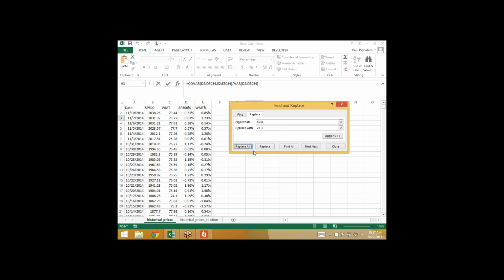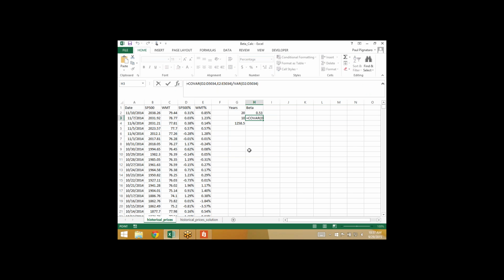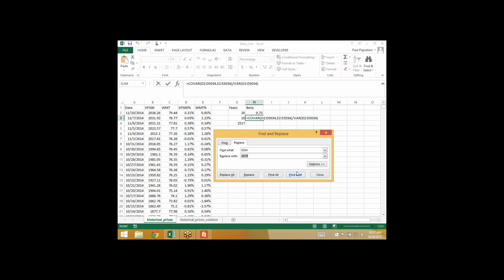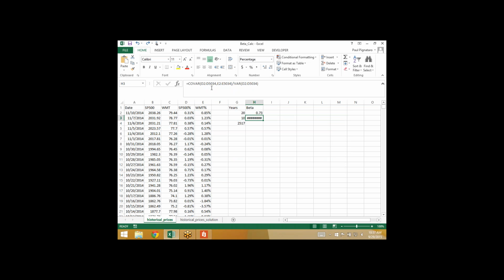Uh-oh, but I don't want to do that. I want to undo. I can replace only in the cell. I want to replace 5034 with 2517, but just in this cell. Okay, it's not going to do it. All right, fine. I should have started the cursor before, but that's right.